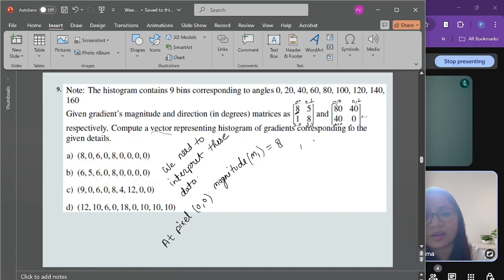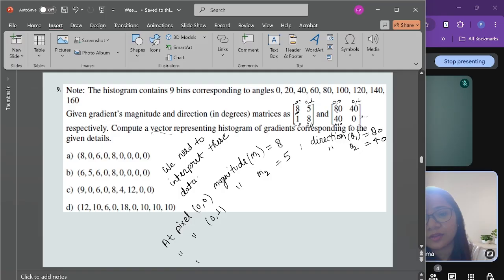And the direction theta 1 is 80, right? Similarly, for 0 1, magnitude M2 is 5 and direction theta 2 is 40.